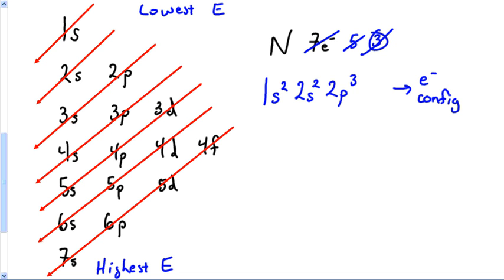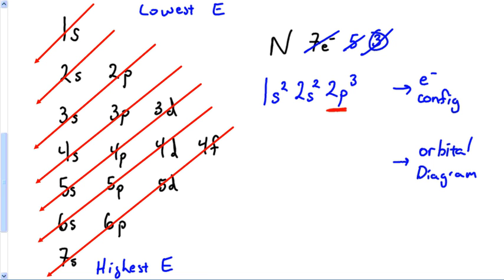Now, I want to do what's known as an orbital diagram next. I'm just going to do diagrams for whatever came last. So I finished with 2p3.